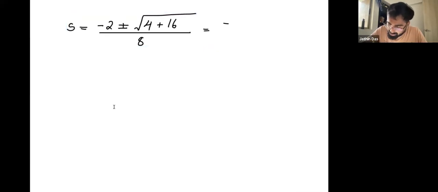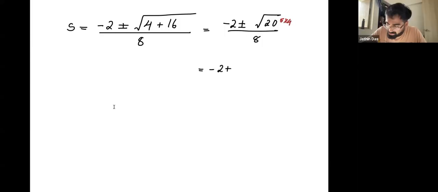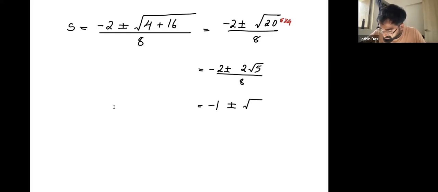So here you can write it as minus 2 plus or minus root 20 divided by 8. 20 is 5 into 4, root 5, and 4 will come outside as 2. So minus 2 plus or minus 2 root 5 by 8. So it is minus 1 plus or minus root 5 by 4. Clear?